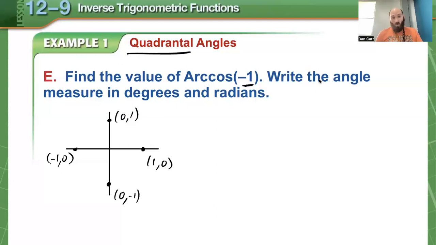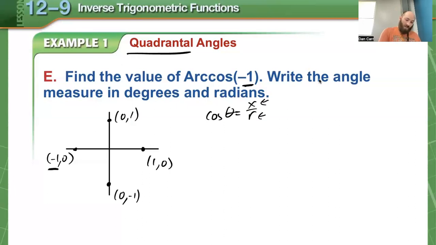So if I think back to what's happening with my cosine, I could kind of use this idea. It's going to be x over r. Okay, so that means that my x value is going to be the same as my radius, but in the negative direction. Okay, so in this case, with my circle like this, cosine is going to put me at this spot.